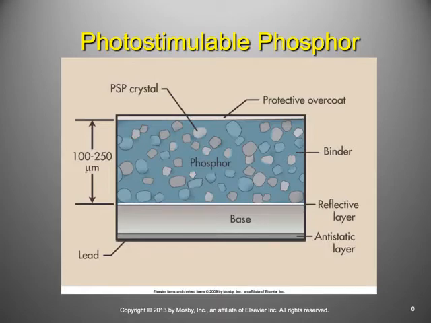You can see there's a protective overcoat, the most superficial element of it. Then within that, and you'll notice it's about 100 to 250 micrometers in thickness, it is largely a phosphor with some kind of binding agent.